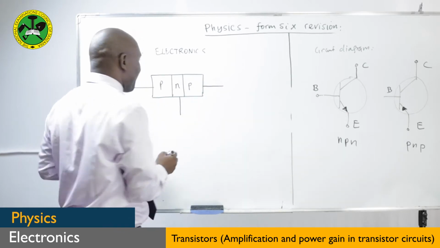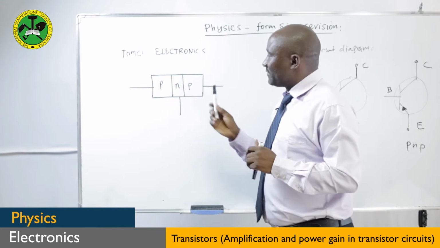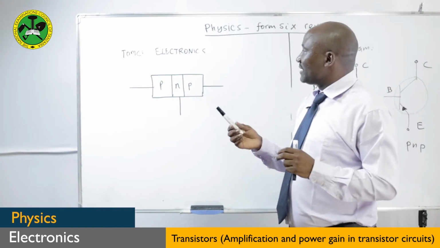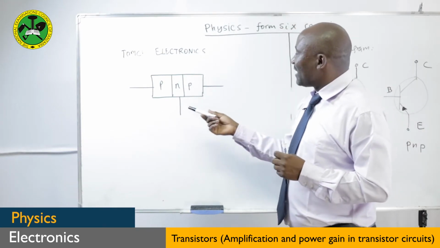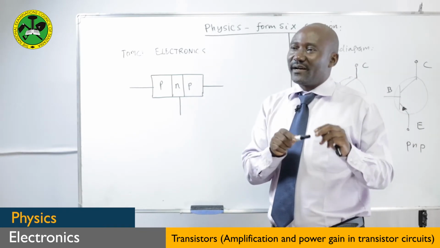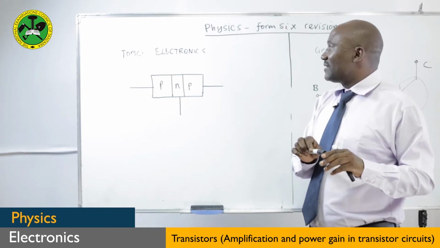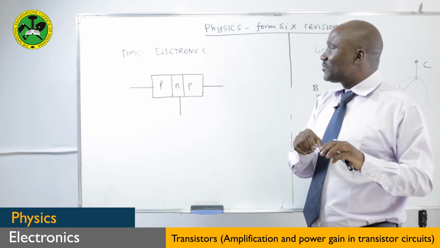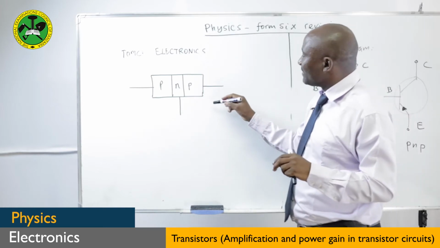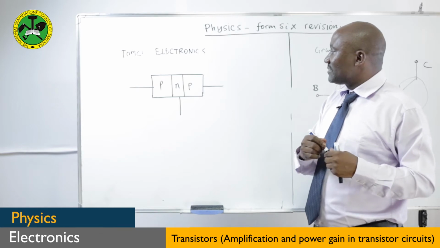Now this is our 3 terminals we have. The principle of a transistor is that, if you remember, a transistor must have one side where the signals are produced. It means we have the input circuit where the signal is supposed to be produced, and we have the other circuit which is responsible for amplification of those signals.